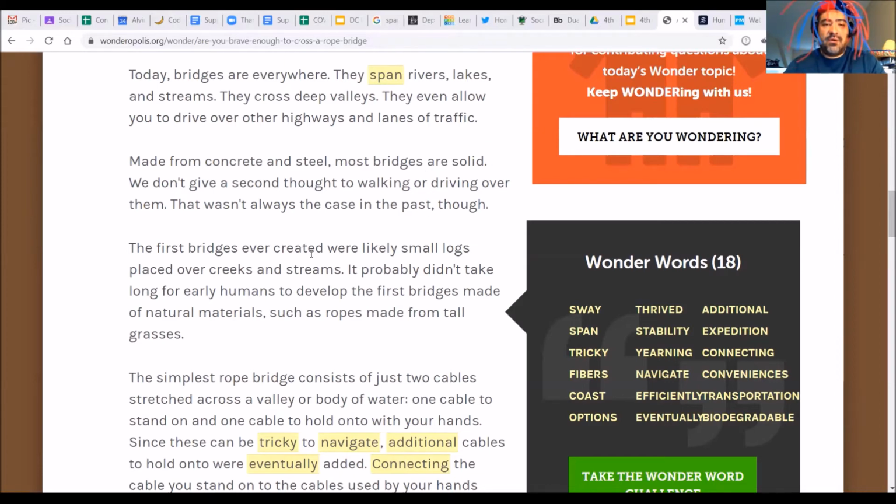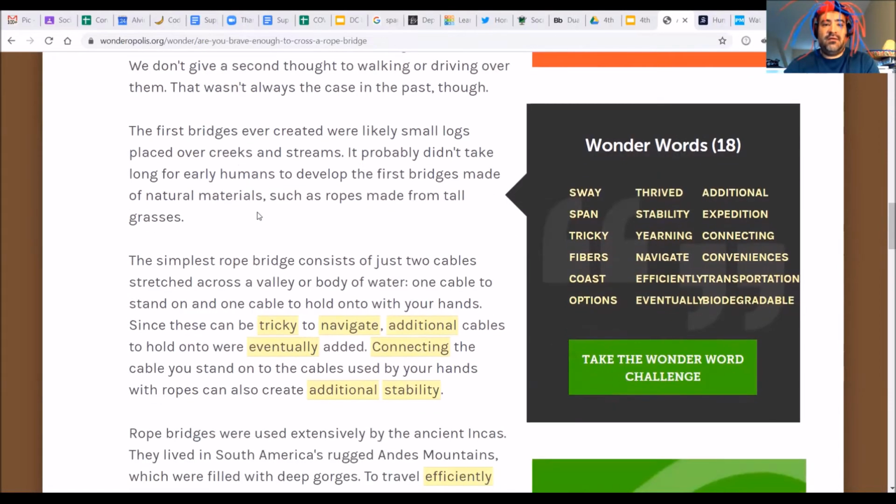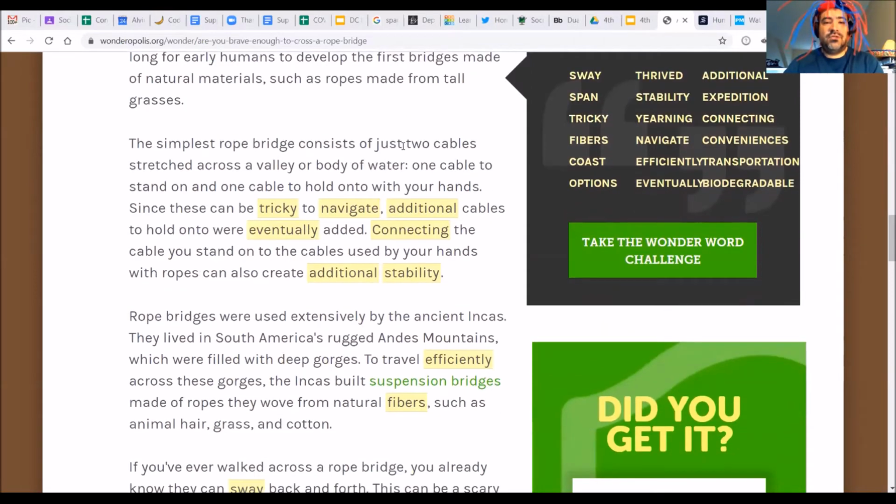The first bridges ever created were likely small logs placed over creeks and streams. It probably didn't take long for early humans to develop the first bridges made of natural materials, such as ropes made from tall grasses. The simplest rope bridge consists of just 2 cables stretched across a valley or a body of water. 1 cable to stand on and 1 cable to hold on to with your hands.